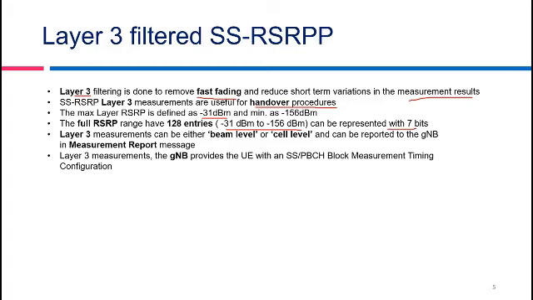The layer 3 measurements can be either beam level or cell level, and this can be configured by the gNB, and these measurements are sent to the gNB as part of the measurement report.